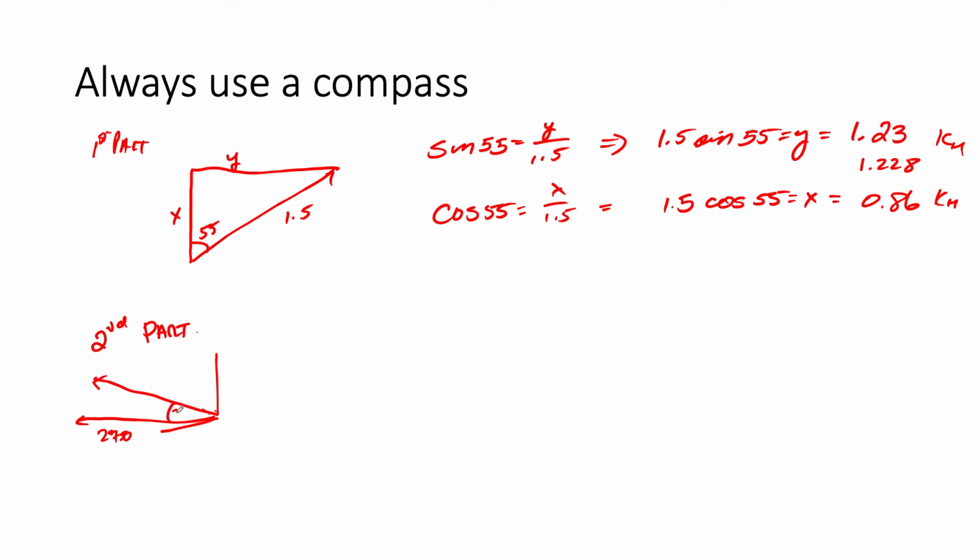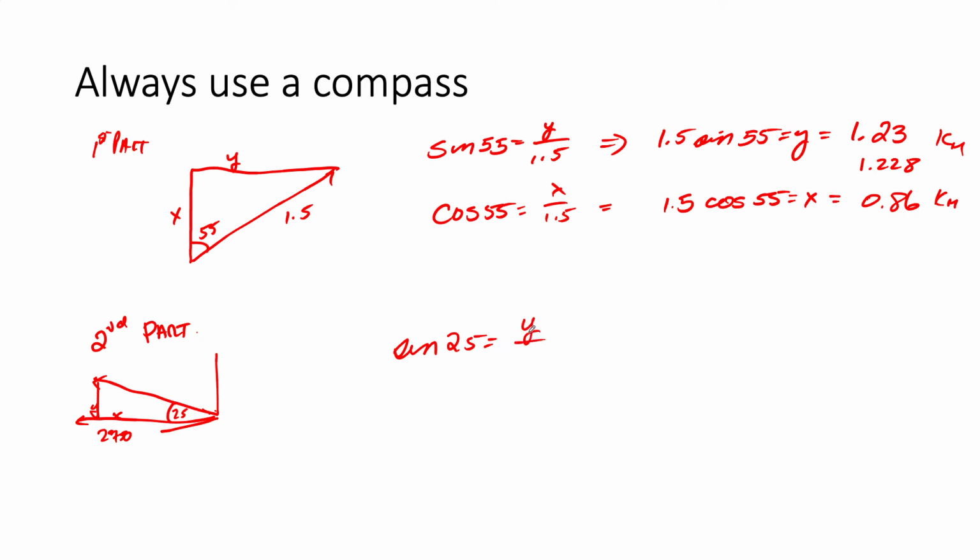So this is going to be 25 degrees, like I said earlier. So we need to know again the x and the y of 25 degrees. So here's the thing. You're going to get positive values for both x and y, but we know that x is going to be negative because it's going towards the left. So opposite is going to be sine of 25, it's going to give me my y direction.